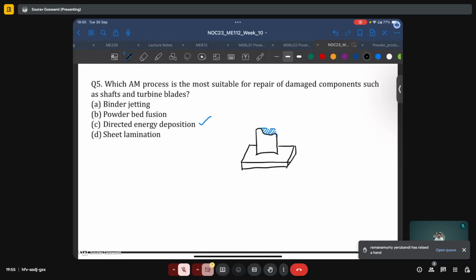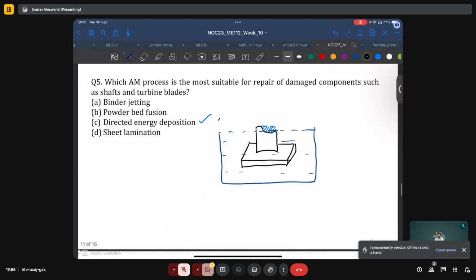If we were to place this part inside a say vat of powder, exposing only this layer here, which we are now trying to print, and we will have some roller or some doctor blade trying to spread a layer of powder on top of this.